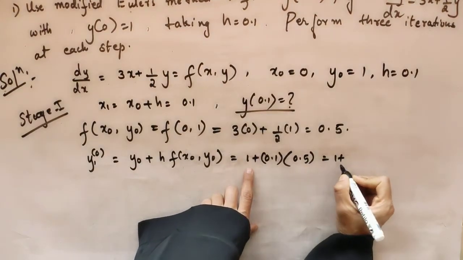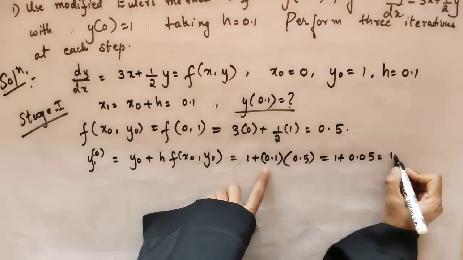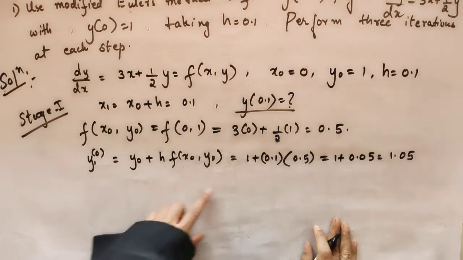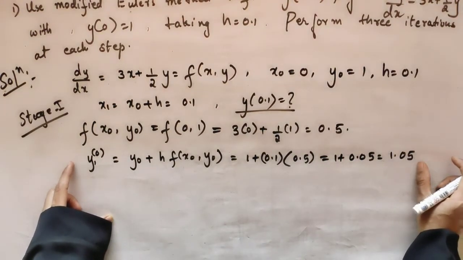Now 1 plus 0.1 into 0.5, which is 0.05. This value is 1.05. So therefore, the initial approximation for y1 is 1.05.